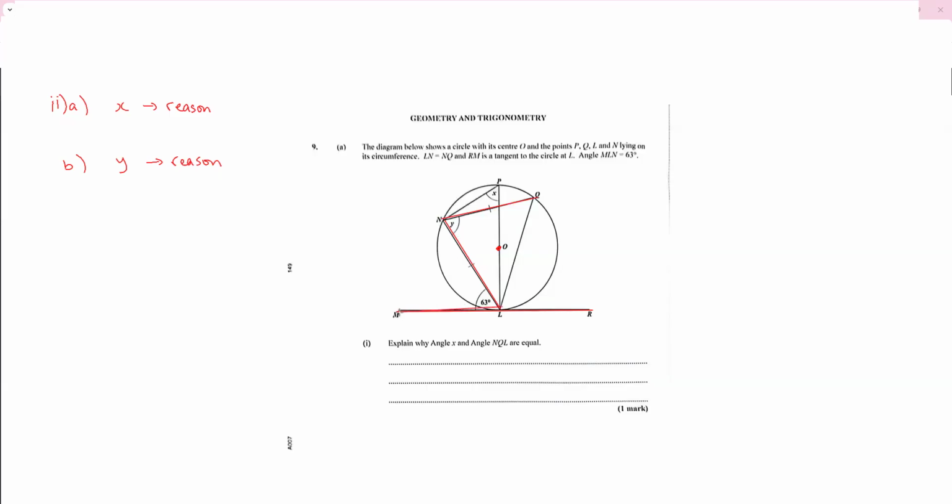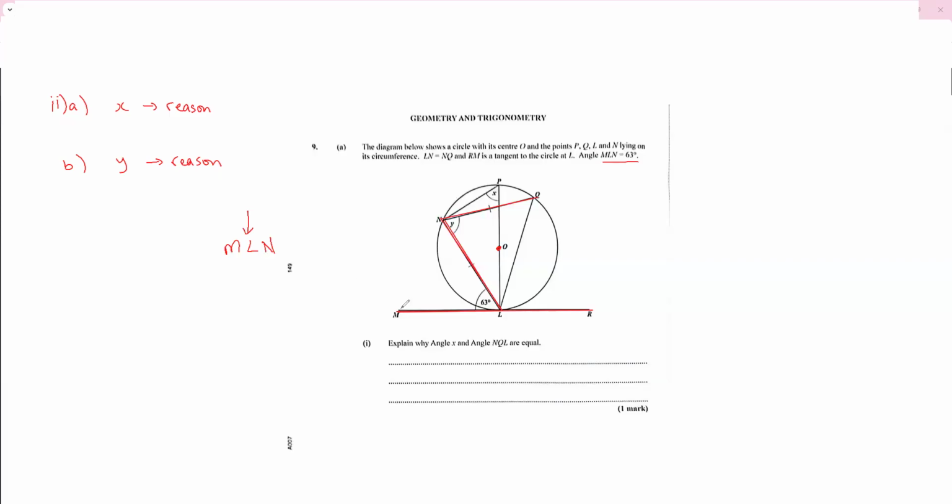And they told us that angle MLN, right? Some students lose track of how to label their angles. Basically, if they give it to you like this, the angle is usually at the letter in the middle.